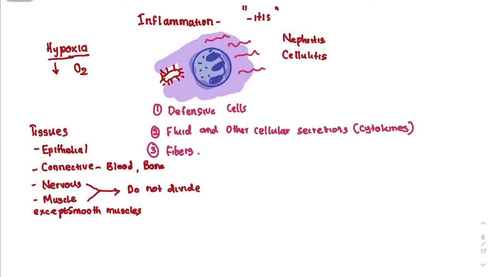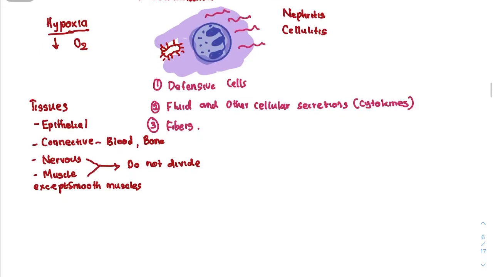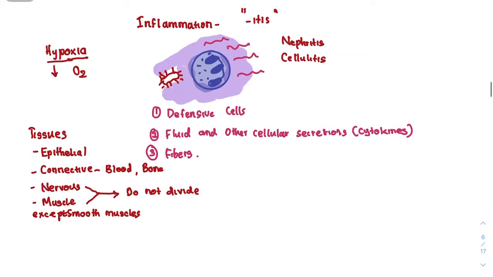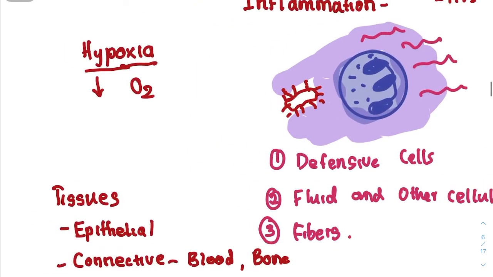Inflammation is our body's own defense mechanism. This is done by the white blood cells and fluids, fibers. They all come together to usually fight off an infection or to fight off any foreign bodies such as silica deposits.